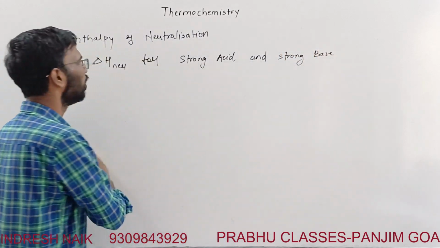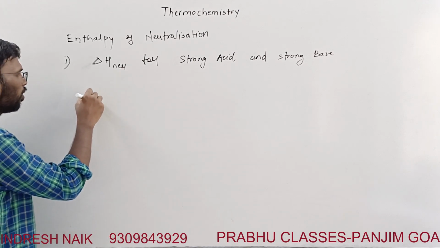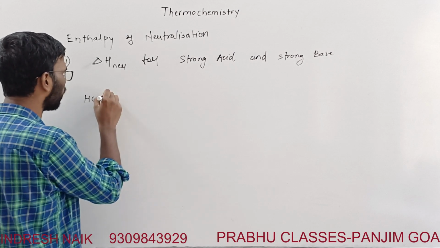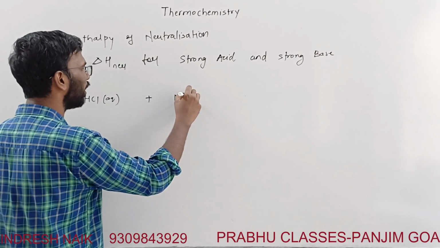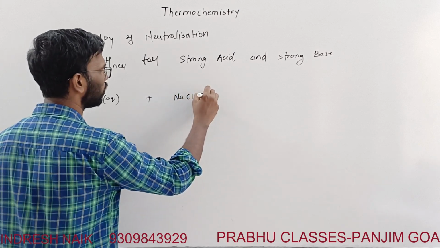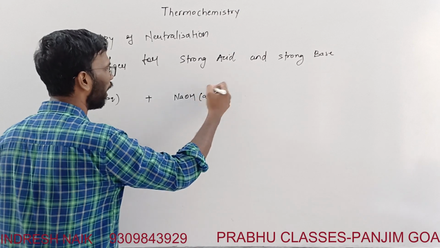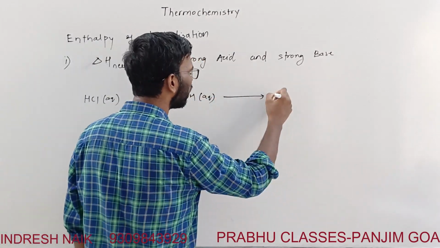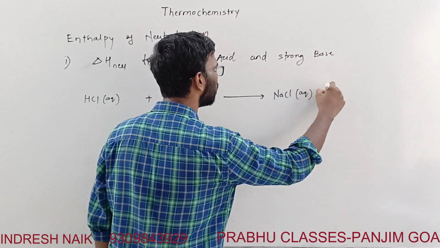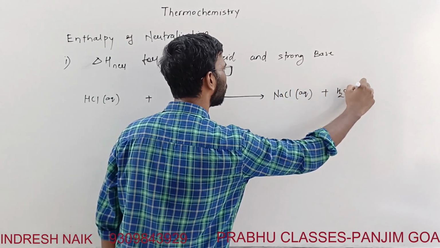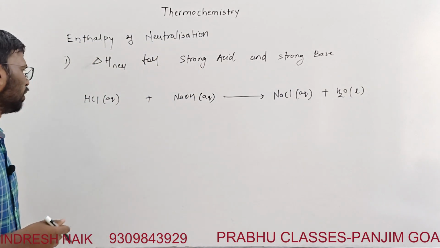Let's take the strong acid in the aqueous medium, for example HCl, which is a strong acid. HCl aqueous plus NaOH aqueous will get converted after neutralization to NaCl aqueous and H2O liquid. This is the conversion.